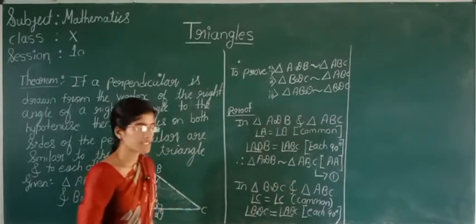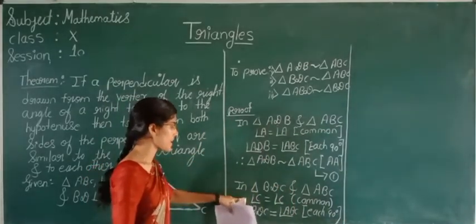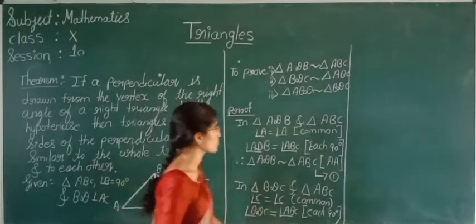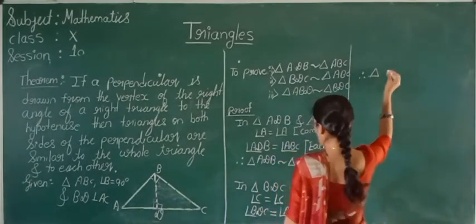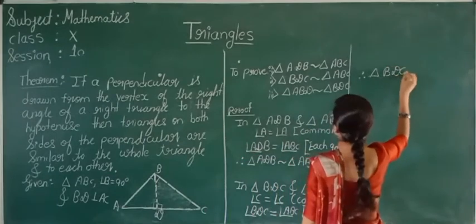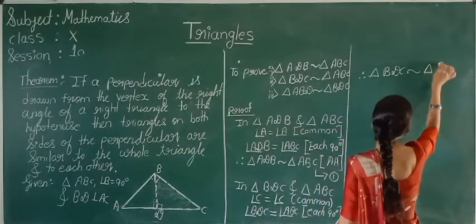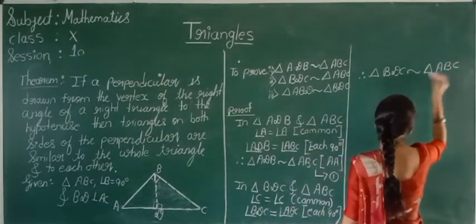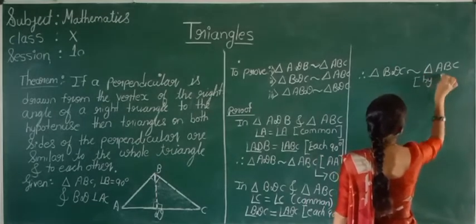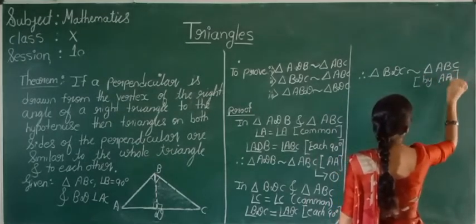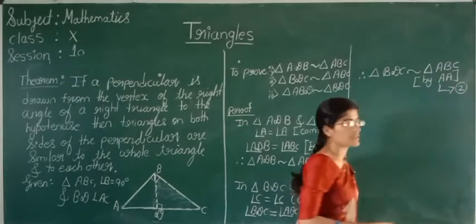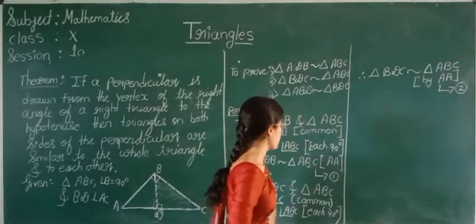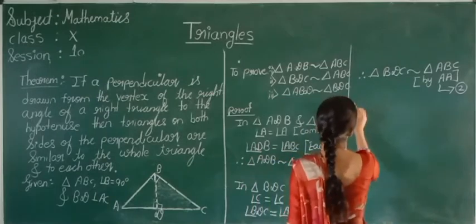Each is 90 degrees. By the similarity criterion, these two triangles are similar. Therefore, triangle BDC is similar to triangle ABC, by the AA similarity criterion. Now see here, from 1 and 2, what can we write?